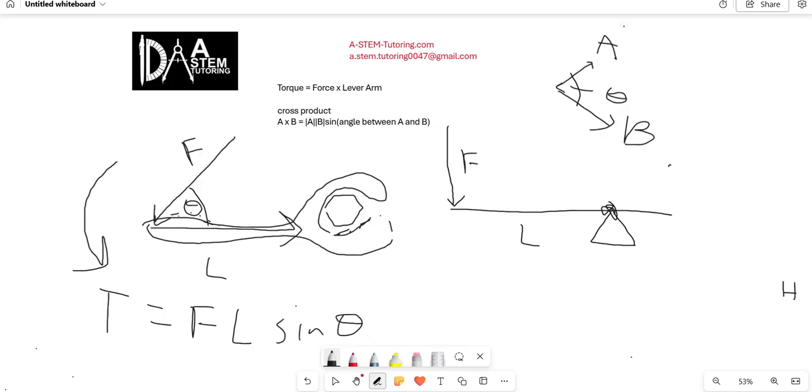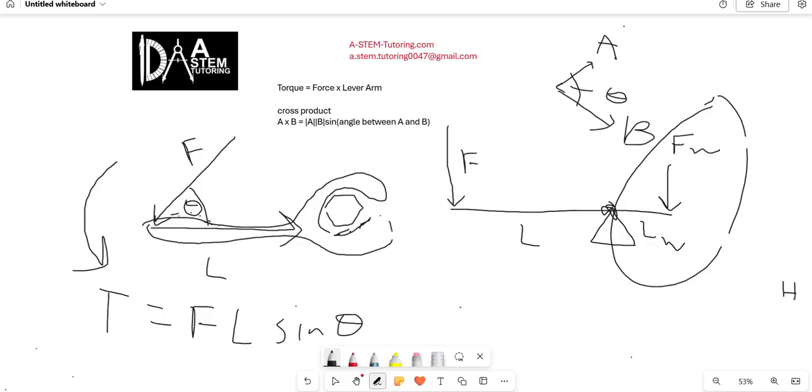Even if you apply a very heavy weight this way against it, because this lever arm is so short, I'll call this LW for weight, FW for the weight that we place on the lever. Because LW is so short, the torque produced by the force and the lever arm of the weight being lifted is small enough that a small force on the end of this long lever arm on the left can apply enough torque to lift the object on the right-hand end of this plank, the lever. And that's how levers work.